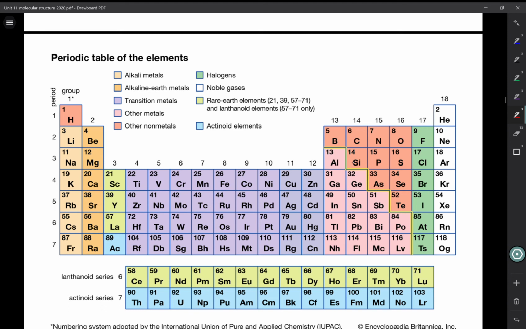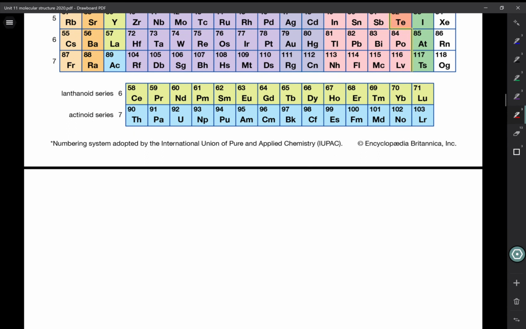But silicon, phosphorus, sulfur, chlorine, arsenic, selenium, all these are in the third, fourth, or fifth energy level. They all have d orbitals available. They're empty, but they're available. So these can take on more than 8 electrons. It's not just sulfur and xenon and phosphorus; it can be any.